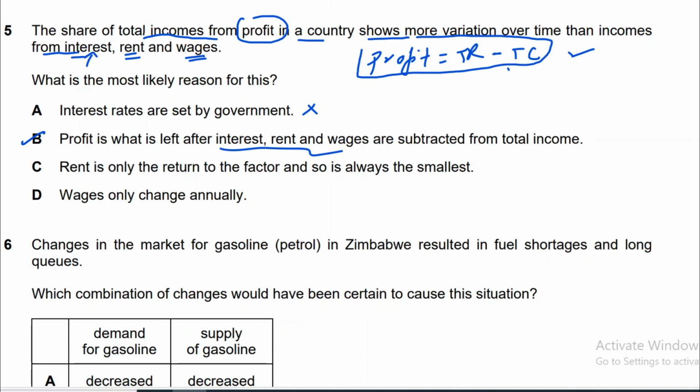Rent is only the return to the factor, and so it is always the smallest. Keep in mind, all these other components are also returns for factors of production. Interest is return for capital, rent is return for land, and wages are return for labor.